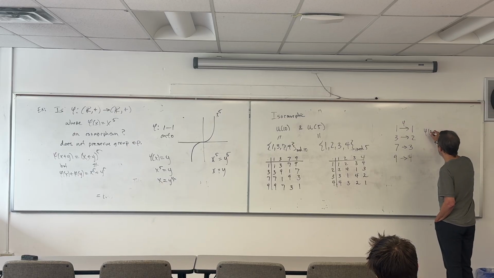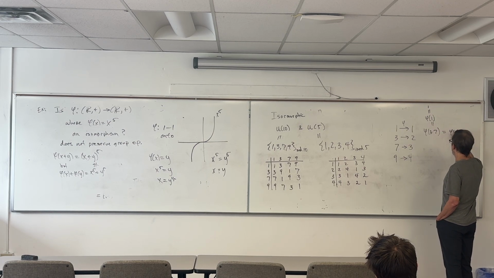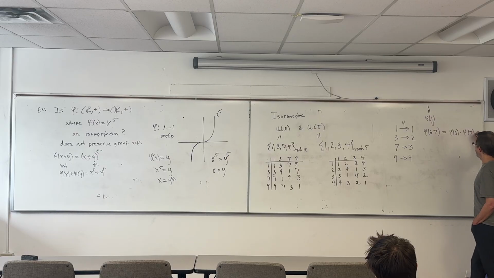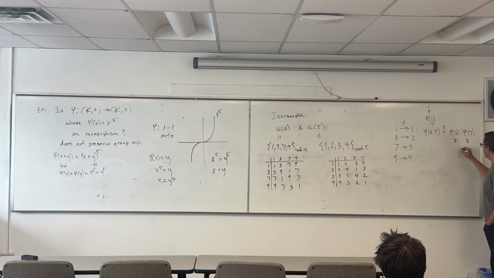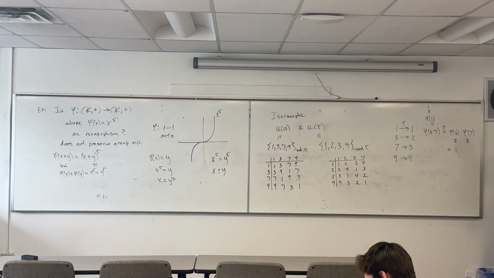Phi of 3 times 7 is phi of 1, which is 1, and then phi of 3 times phi of 7 is 2 times 3, which is 6, but that's modulo 5, so that works out. That checks out. I think it does work, but I'm glad you guys checked it out.